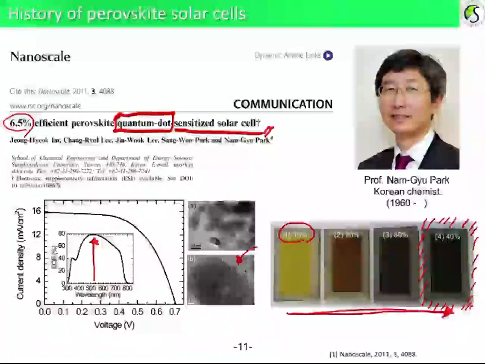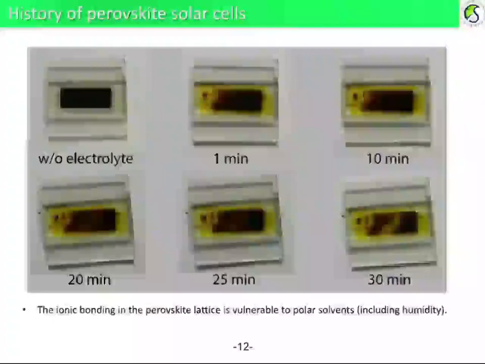But as I mentioned in the previous slide, the perovskite material consists of ionic bonding, which means that it can be easily dissolved in polar solvents. The electrolyte typically consists of a polar solvent, such as acetonitrile. So it can easily dissolve the perovskite materials on the surface of the titanium dioxide nanoparticles.